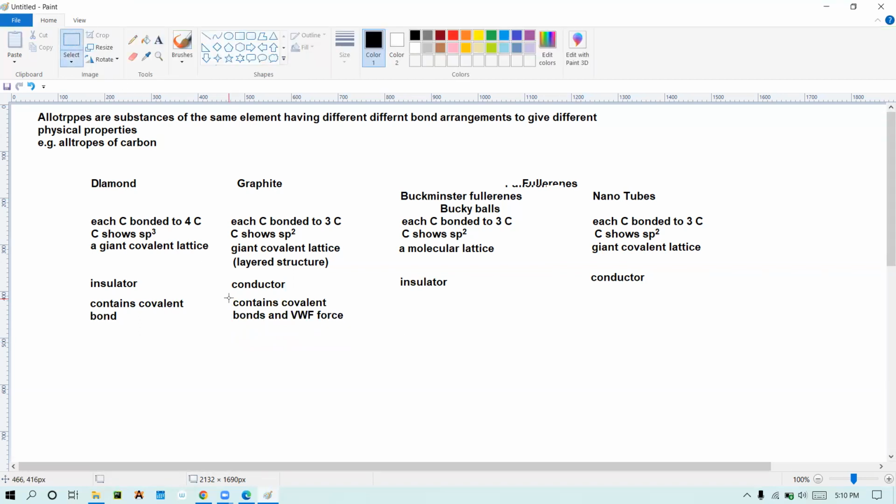And in buckyballs also we have covalent bonds and van der Waals forces. But in nanotubes we have covalent bonds.